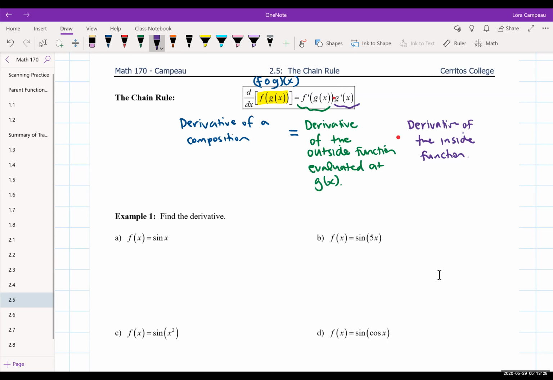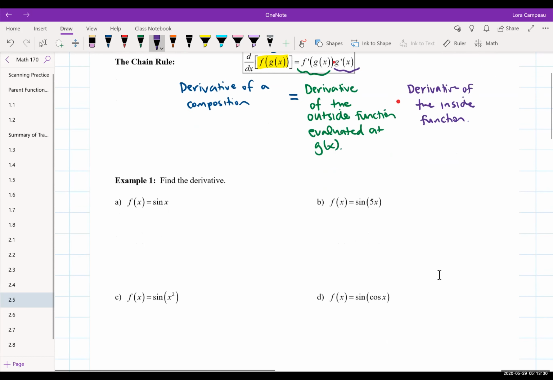If we look at the difference between part A and part B, and we can look at C and D as well if you want, I like to point out that in part A, f of x equals sine of x, no chain rule would be needed, because you have just a function of x.